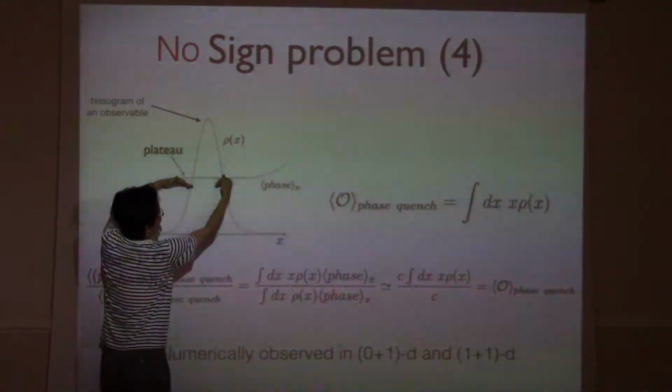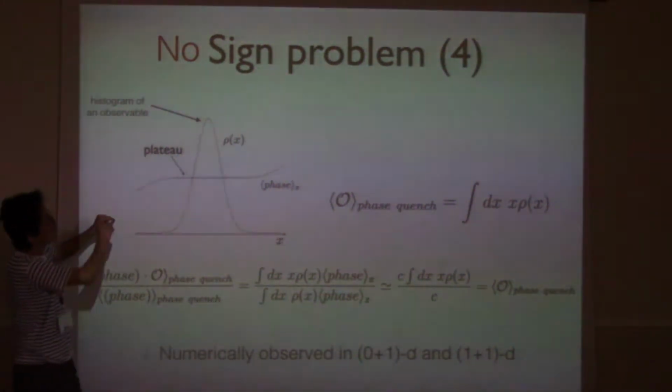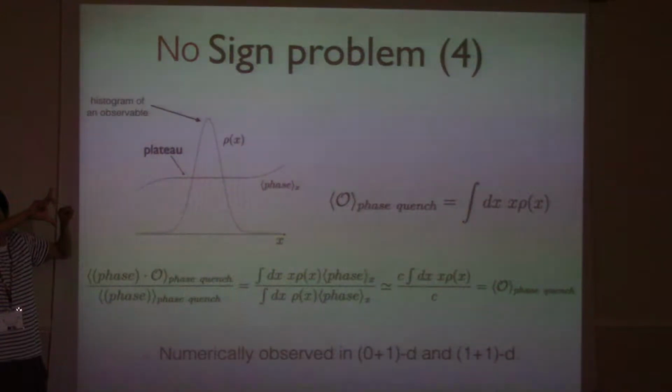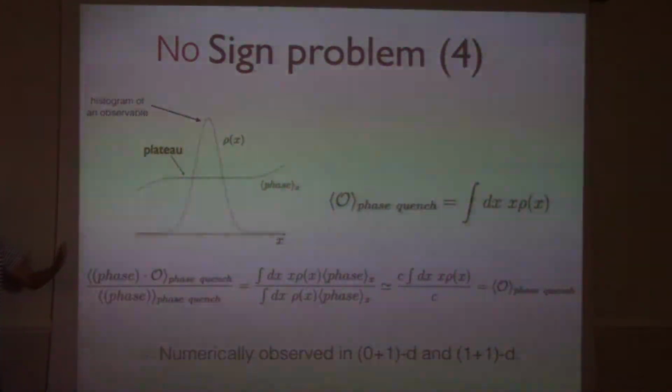It goes very close to 0, and you can see something like a plateau, but the error bar is too huge. Even if the function has some non-trivial form, if the error bar is too big, it looks like a plateau. If that happens, why would you believe that result?